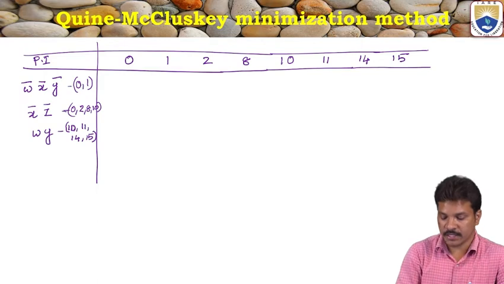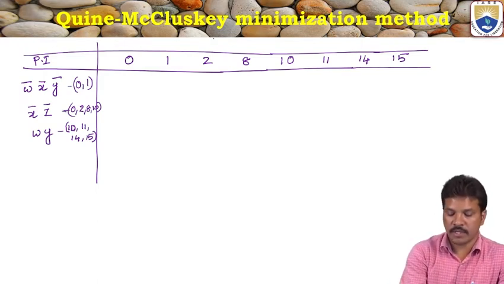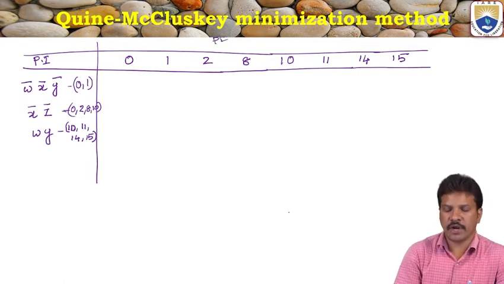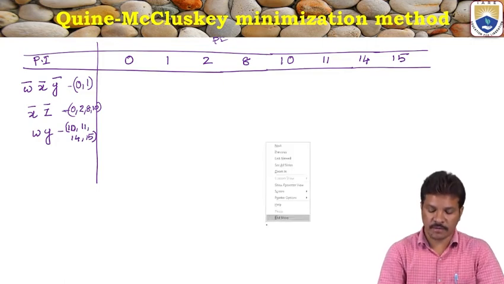So in this case, we will take the prime implicant table. With this prime implicant table, we can find out the further minimization of the Boolean function.